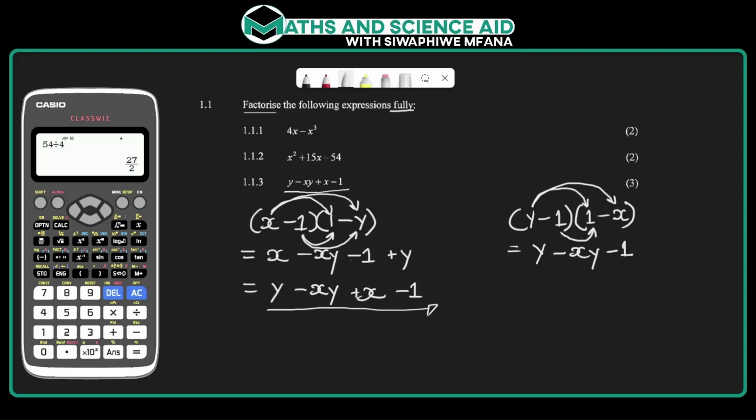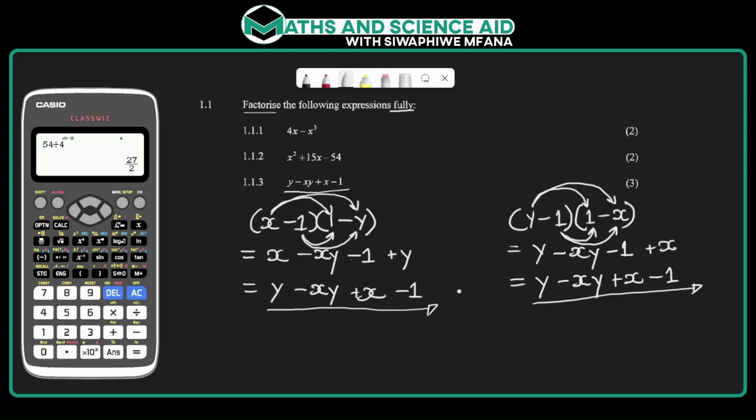And lastly, if we multiply negative 1 by negative x, we get positive x. And as before, we can rearrange these terms. We can start with y, and we are still going to follow with negative xy. But after that, we can start with this positive x and then write the negative 1. And we get exactly the same expression.